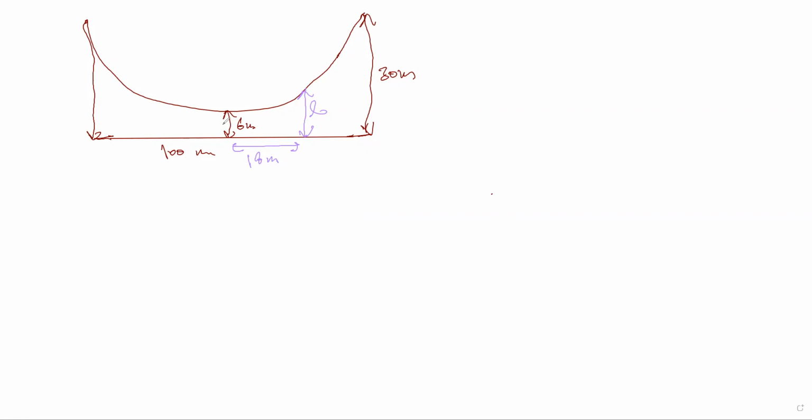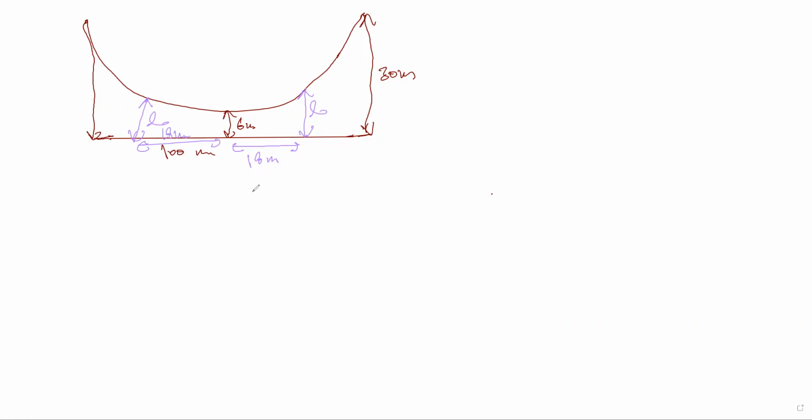What is the length L required to support this? This can be either this side or this side, but the figure is symmetric, so L has to be the same on both sides. It's 18, but L would be the same, right?